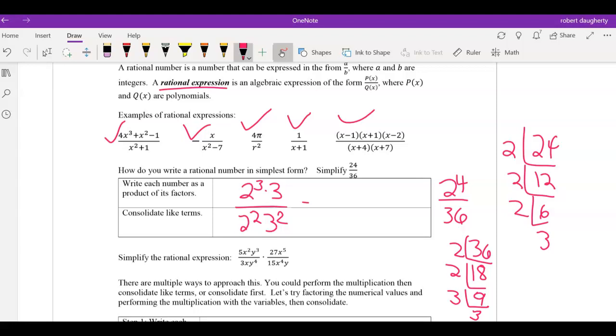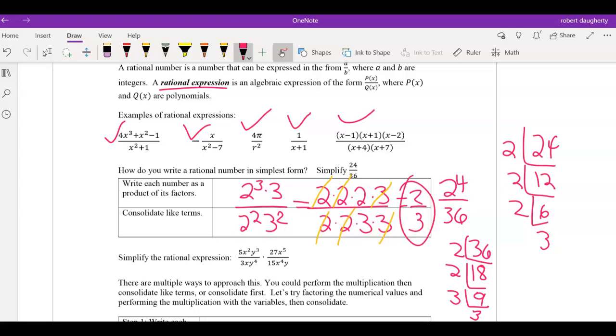If you think about this, what you've got is 2 times 2 times 2 times 3 over 2 times 2 times 3 times 3. So what you look at here is 2 divided by 2 is 1, 2 divided by 2 is 1, and this is what I'm left with. Sorry, there's one more. 3 divided by 3 is also 1, so this answer just turns into 2/3.